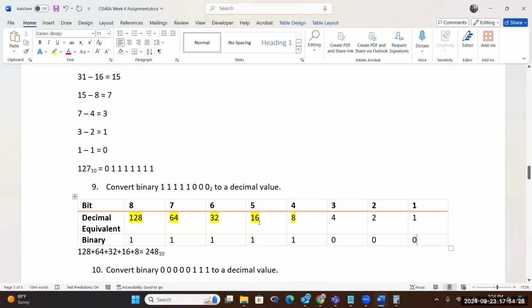Whichever has the 1s, you're going to add them up. If you want to start from the right, I normally do, that's fine. But we're taught to write things from left to right, so you can do that too. Just be careful when it's less than 8 bits. Make sure it starts with the right-hand side, okay?